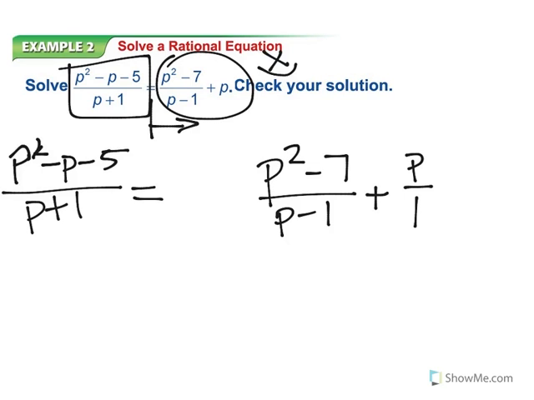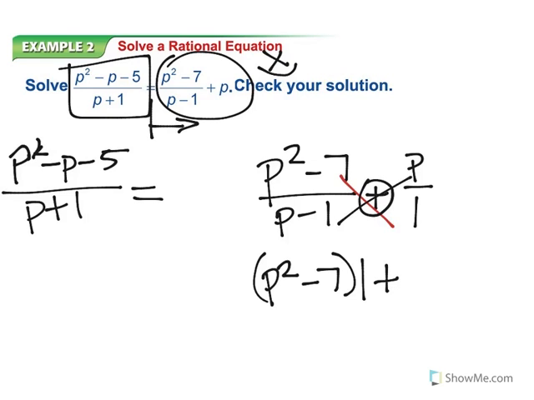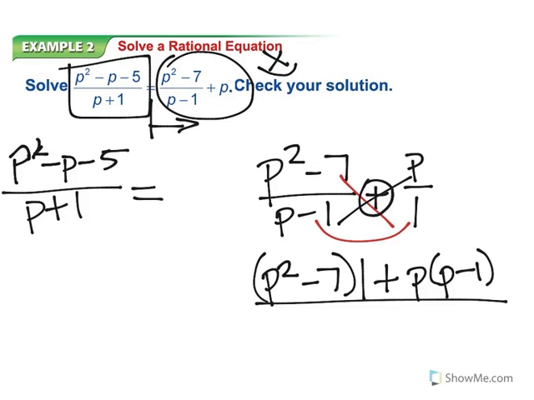So we're going to SMILE. So we're going to cross multiply to get p squared minus 7 times 1. Take the middle sign, so plus p minus 1 times p. So p minus 1 times p divided by, and don't forget to SMILE, p minus 1.